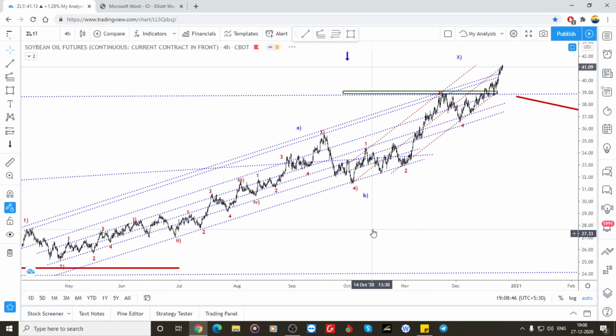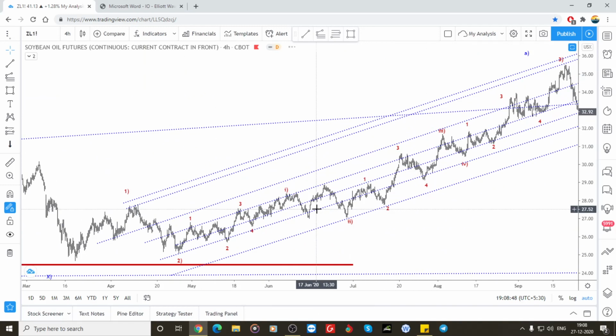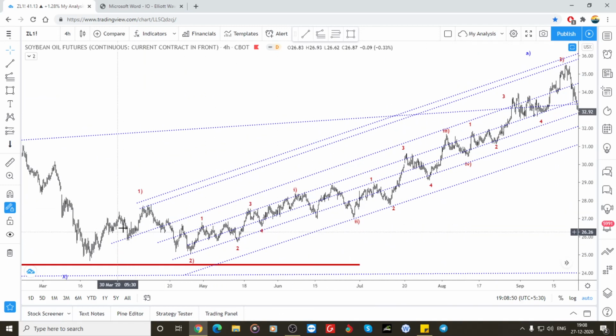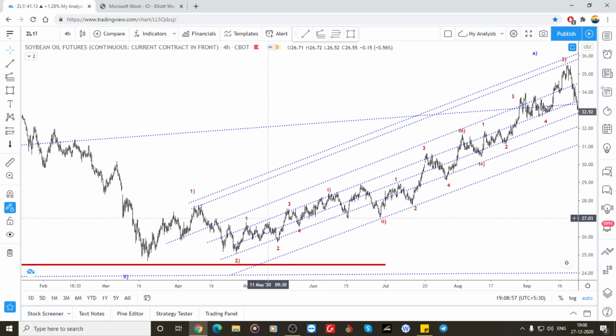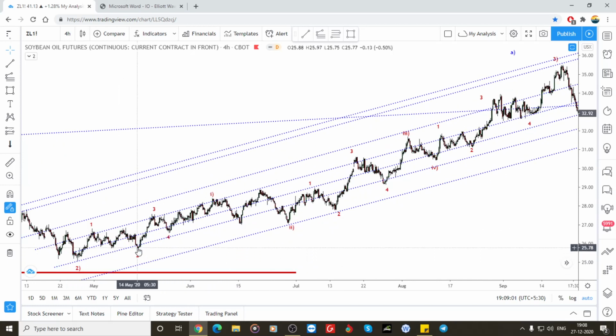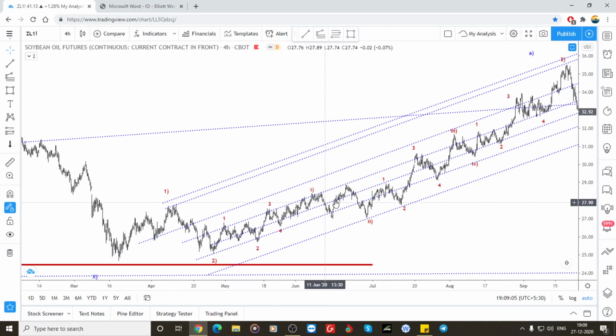I will show you. First you have to draw this wave 1, and we didn't know how much it would go after that rejection, and we may find a lot of rejections in this zone. So you try to draw the line where it gets rejected.